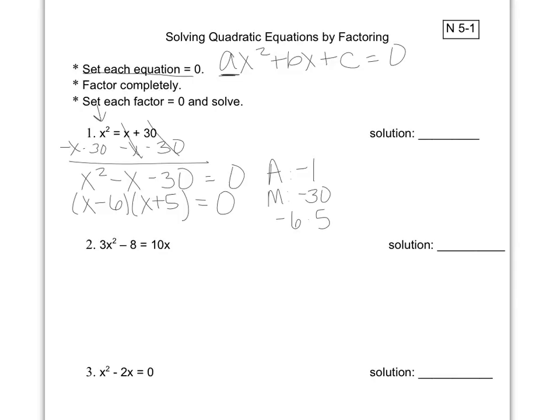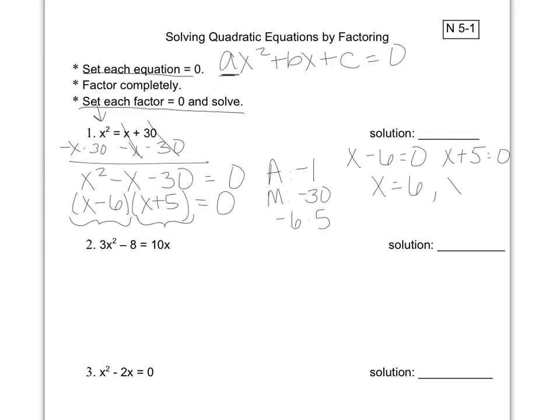Now, once you have factored, notice this last step up at the top. You're going to set each factor equal to 0, and you're going to solve for x. So I have 2 different factors. I have x minus 6, and I have x plus 5. So I'm going to have x minus 6 equals 0, and then I'm going to have x plus 5 equals 0. So when I solve for x, x would equal 6.